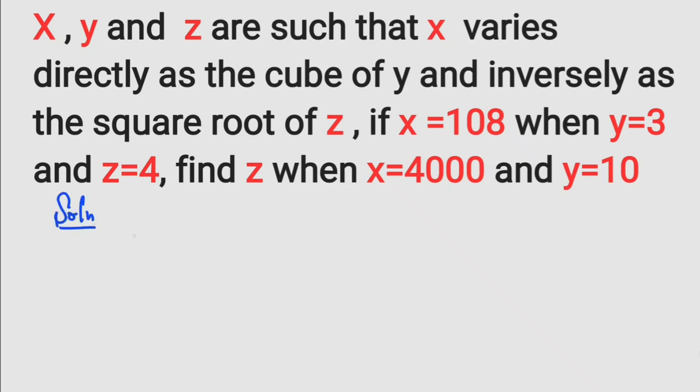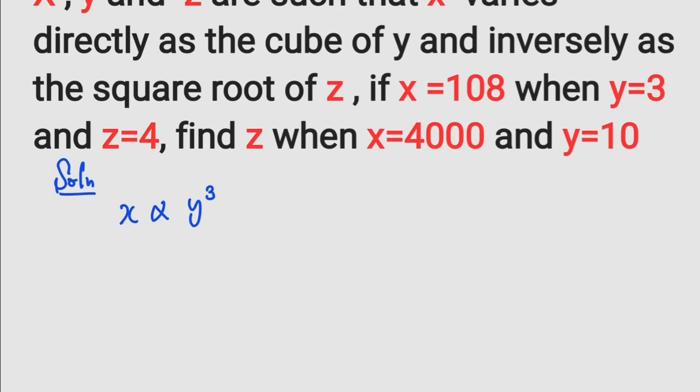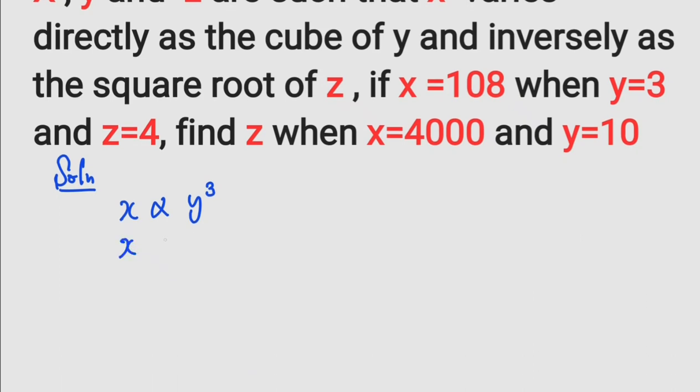What that means is you have x varies directly as the cube of y, that is y cube, and inversely as the square root of z. At the same time, x varies inversely as the square root of z.